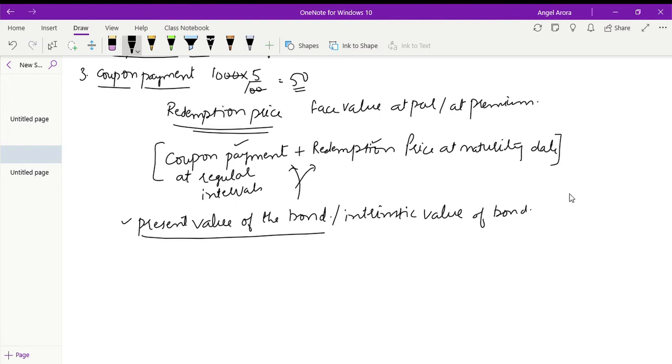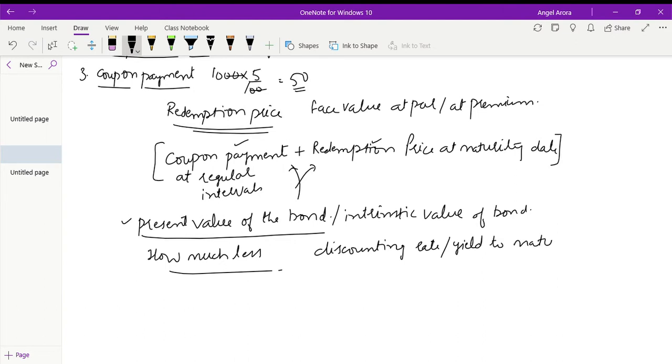But how much less? This is decided by the discounting rate, or we can also call it yield to maturity, which is denoted by letter D in percentage form and I in decimal form.